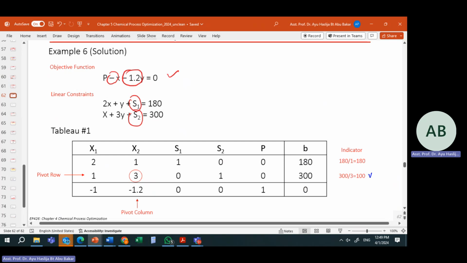Then set up the table. It must be in table form. Don't put it in description form. Put it in table form. That's why it is called the tableau method. Now, list up your variables. We have x1, x2. x2 here refers to y.